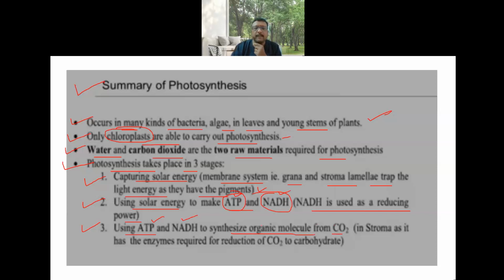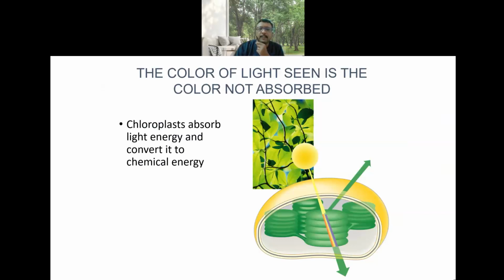That is the actual carbon dioxide fixation process. The dark phase takes place in the stroma, as it has all the enzymes required for reduction of carbon dioxide to carbohydrates. Ultimately, the end product is carbohydrate, C6H12O6. So these are the steps involved in photosynthesis.